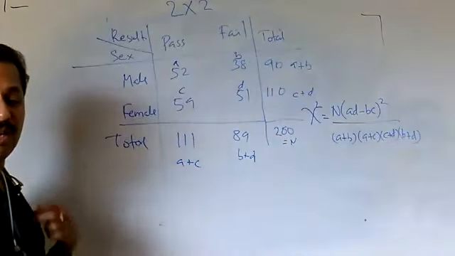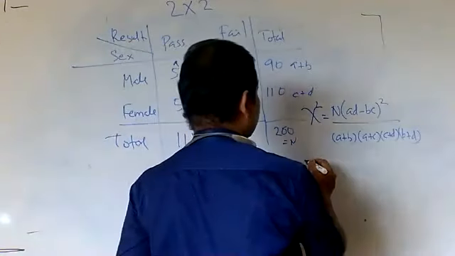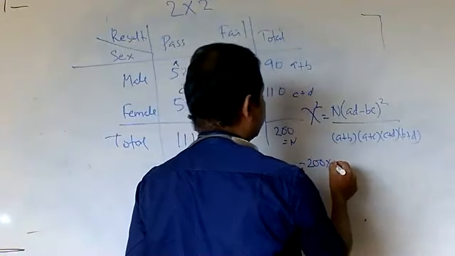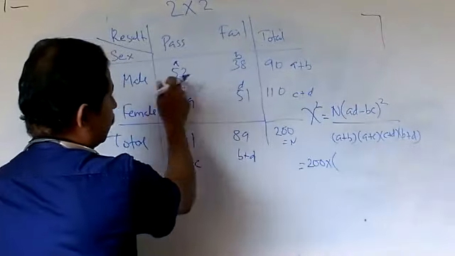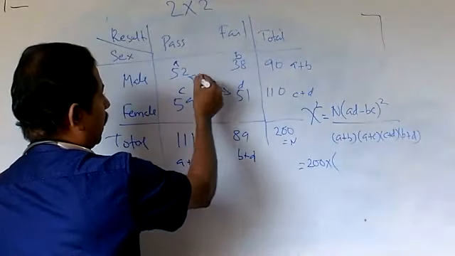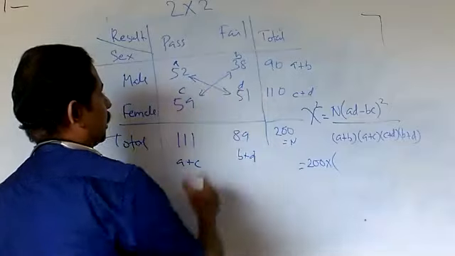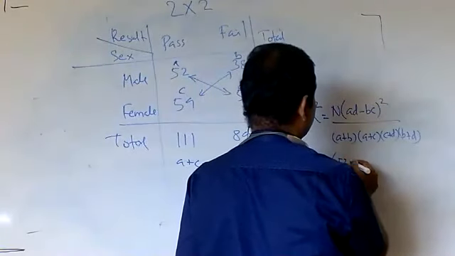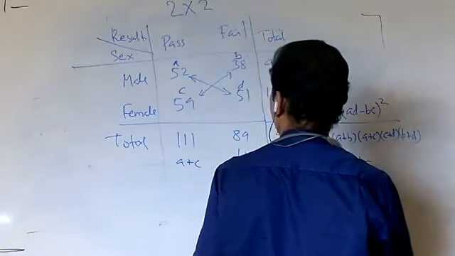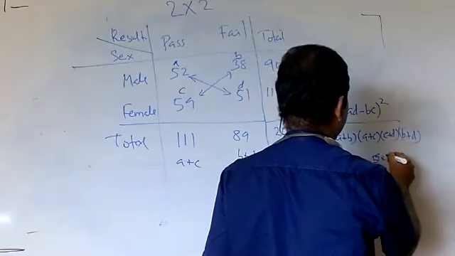So substitute the values here. This is equal to 200 into, what is A? Multiply these two and subtract this product. So 52 into 51 minus 59 into 38.